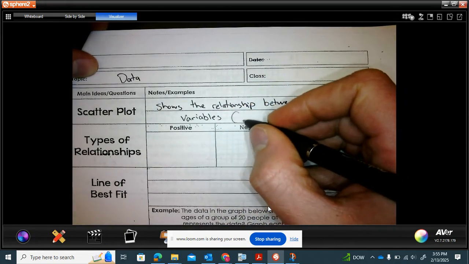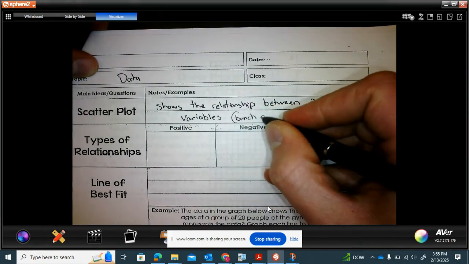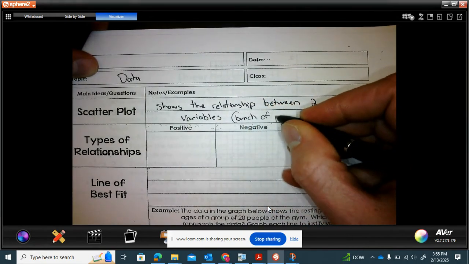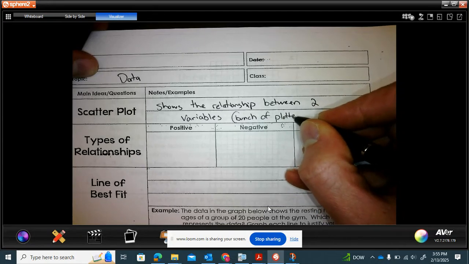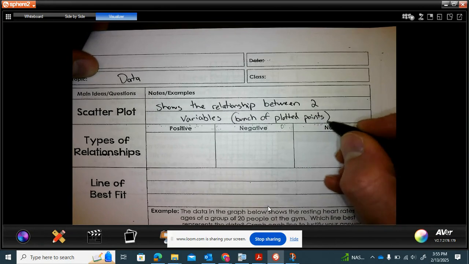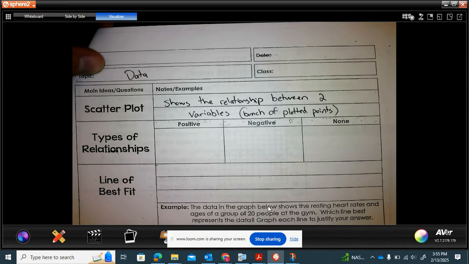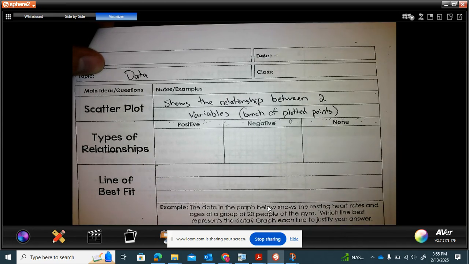And it's usually just a bunch of plotted points, but those points actually mean something in real life. And I'll show you what I mean in a second. So there's an actual real application to this. This is used outside of just your typical algebra classes. This is used in real life all the time.